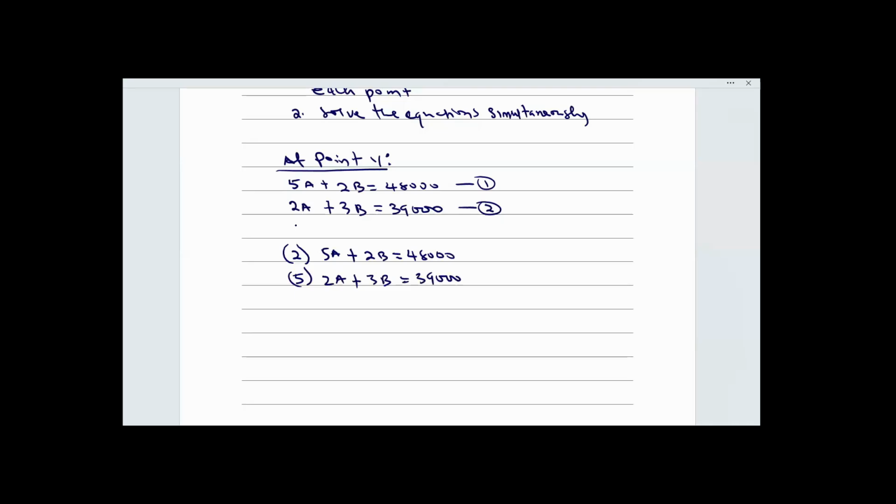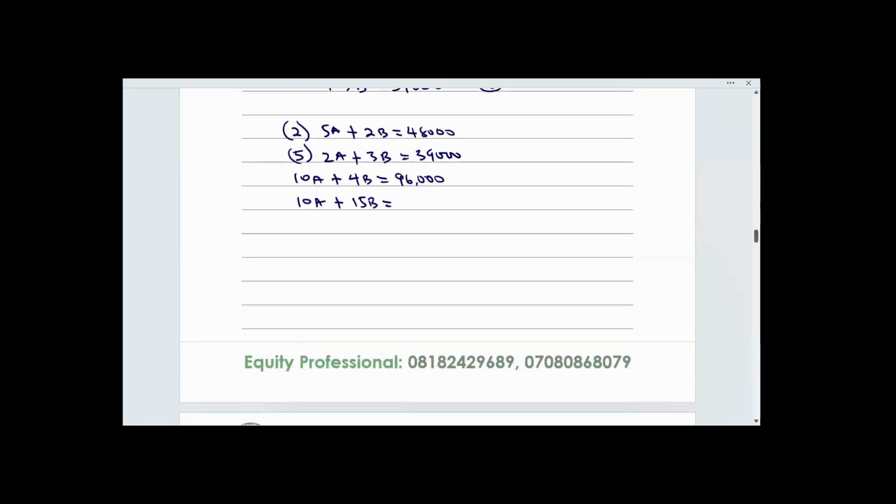All right, so here will be 10A plus 2 multiplied by 2, 4B. 2 multiplied by 48, 96,000. Then 10A plus 5 multiplied by 3, 15B. 5 multiplied by 39,000.